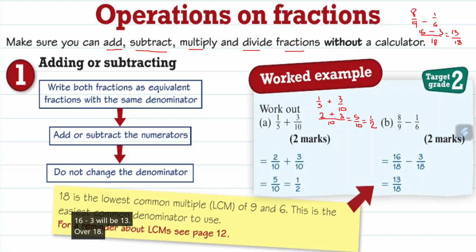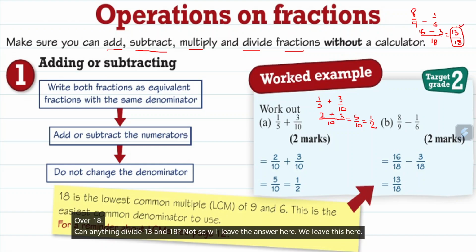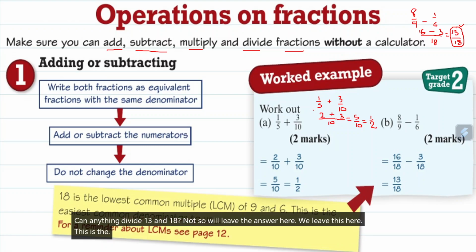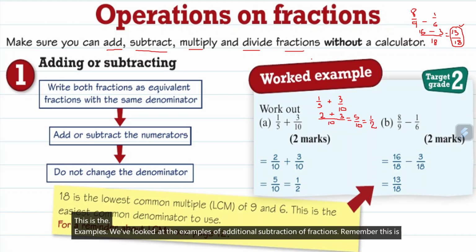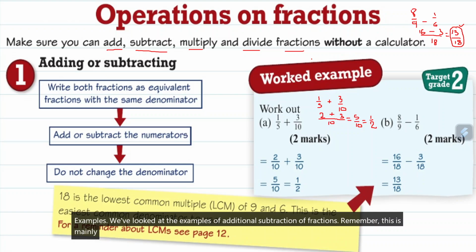Can anything divide 13 and 18? No, so we'll leave the answer here. We've looked at the examples of addition and subtraction of fractions. Remember, these are problems without using the calculator.